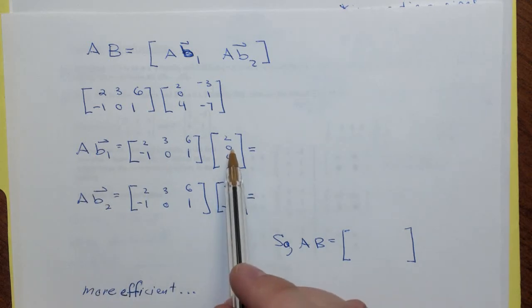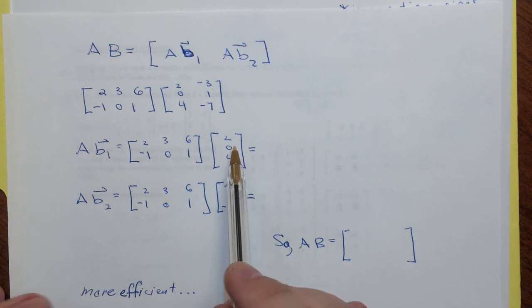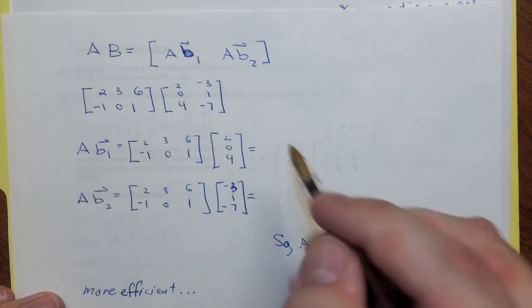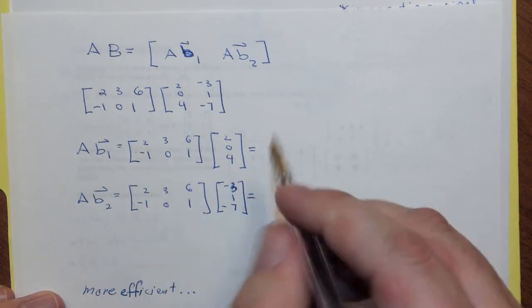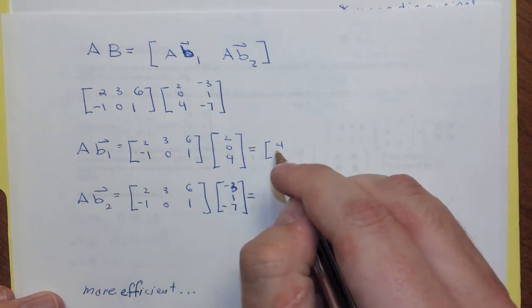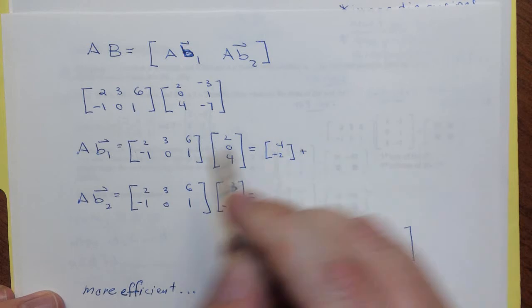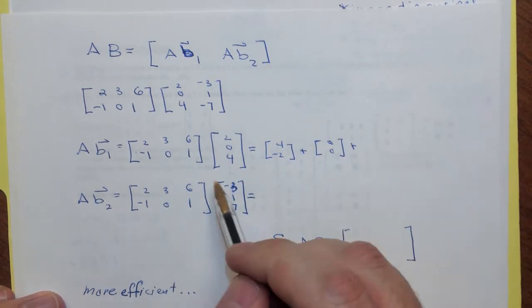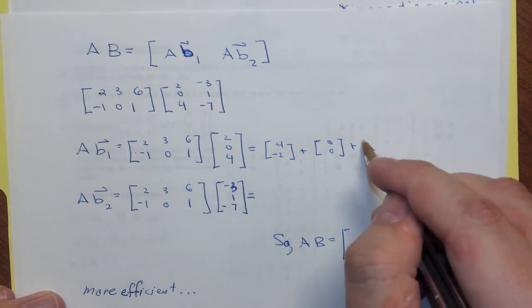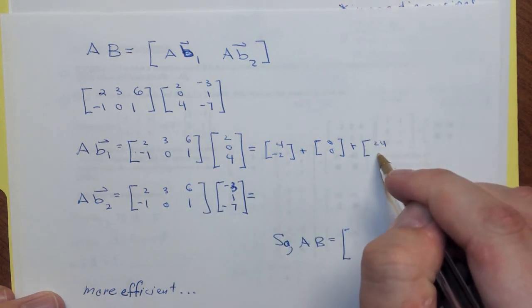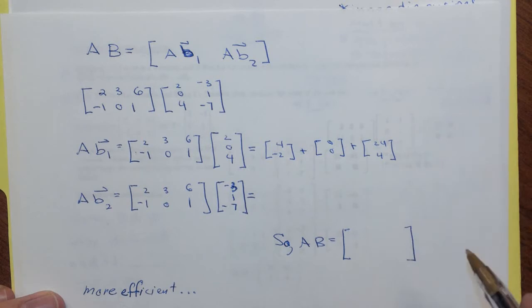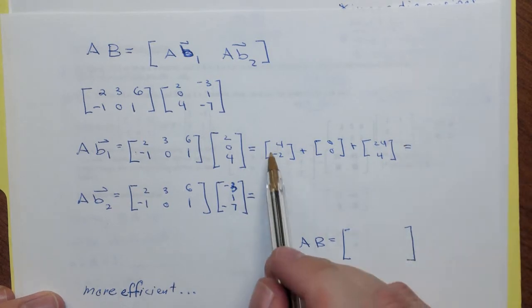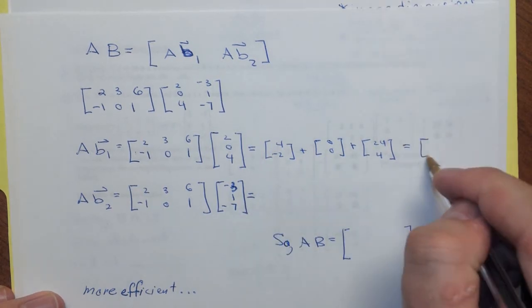You're taking a linear combination of the columns of A. So I would take 2 times the first column of A, which would be 4, negative 2. 0 times the second column of A, that's going to be 0, 0. And 4 times the third column of A, so that is 24, 4. So if I combine those three vectors, what I have is 28, 2.